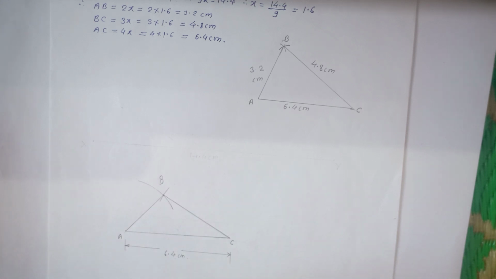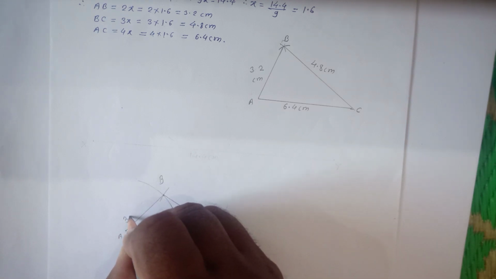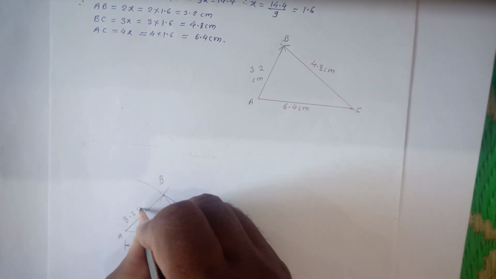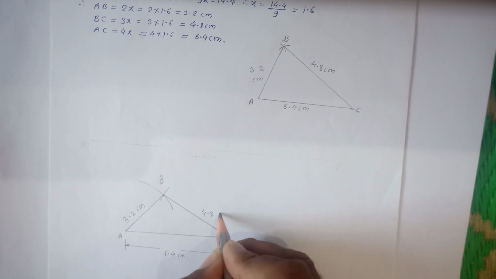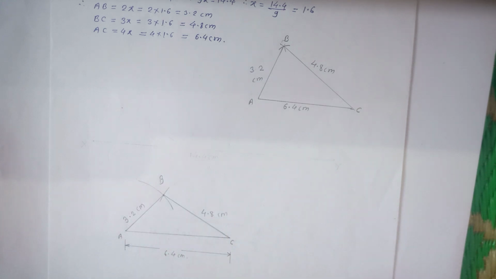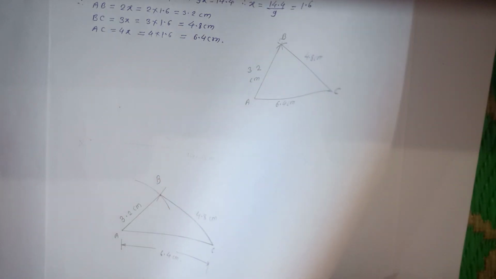Thus this is a triangle ABC in which AB is 3.2 centimeters, BC 4.8 centimeters and AC 6.4 centimeters.